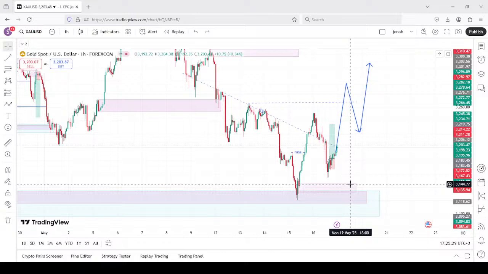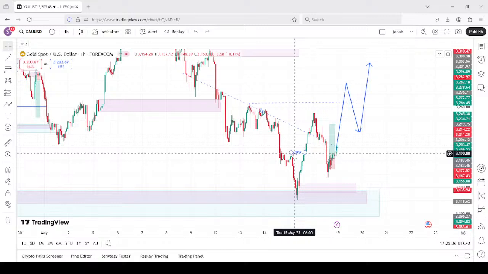Because if you look clearly, we had a clear market structure shift last week. So price, previously bearish, might have changed bias to bullish, and so a tap on this order block or a break above this previous lower high will mean that we shall be taking further buys.